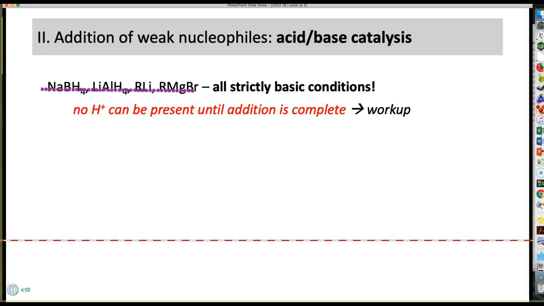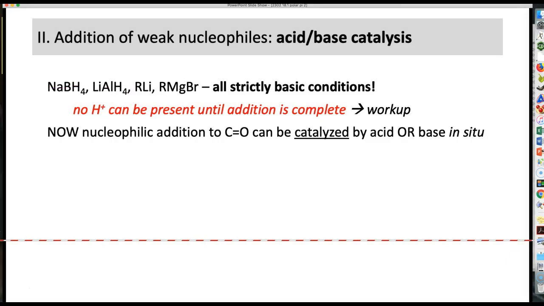They'd all get protonated and you'd have nothing. You'd be dead in the water. So, in Chapter 17, no acid catalysis was even an option. But now, when we're using these weak nucleophiles, we can have acid catalysis, or for that matter, basic catalysis.